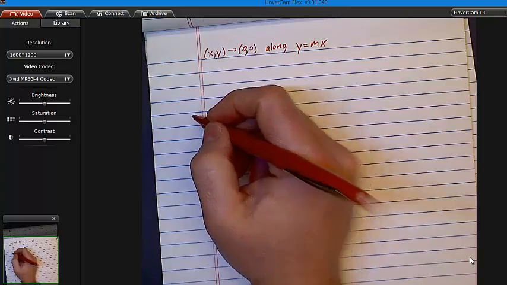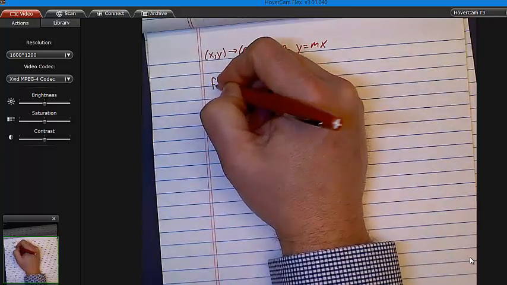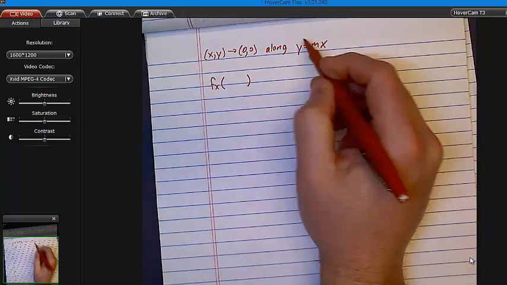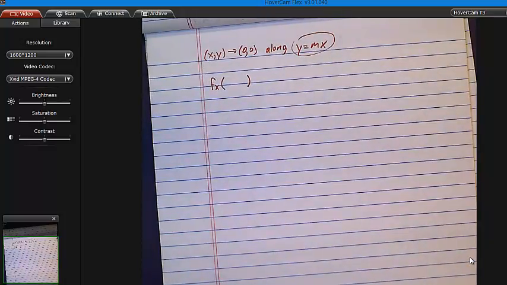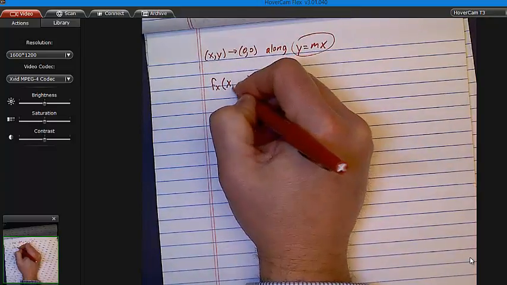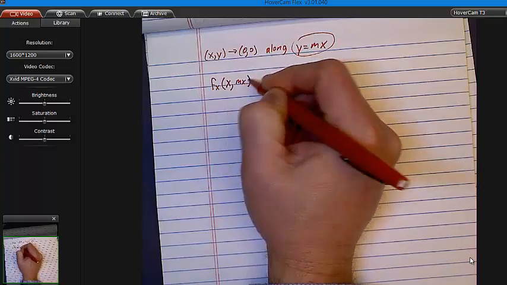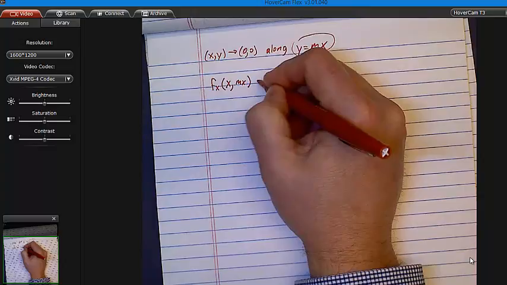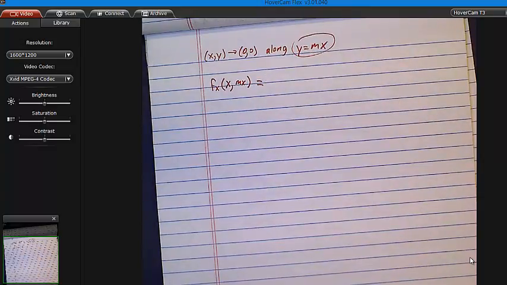So let's see. What I want to compute now is fx of what? Well, since y equals mx, we can say this is (x, mx). Let's compute what that partial derivative looks like. Again, from the formula, we had y cubed.